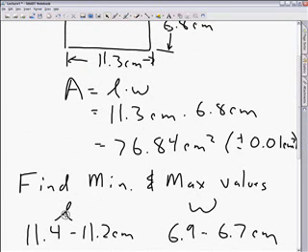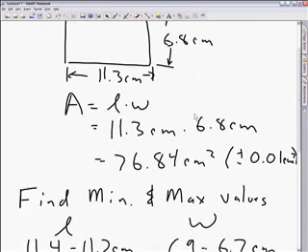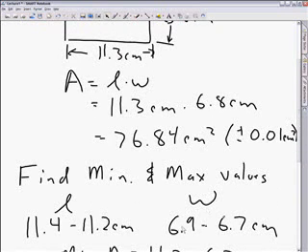So in L, we have 11.3. So that means we assume that the highest number it can be is 11.4, and the lowest number it can be is 11.2. And in the width, 6.8, we assume that this could be 6.9 as the highest value and 6.7 as its lowest value.